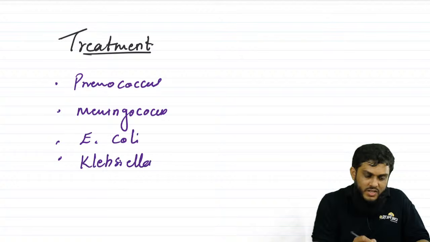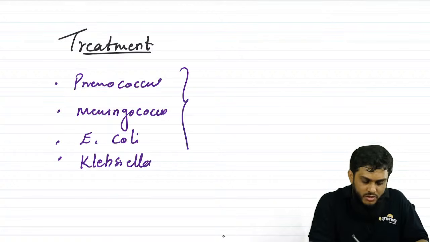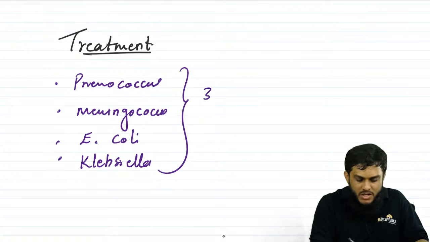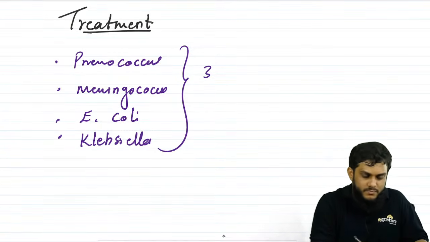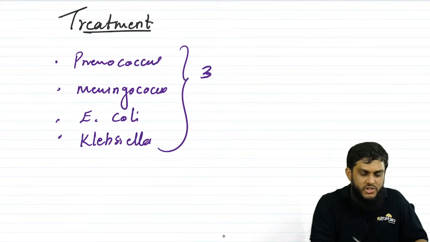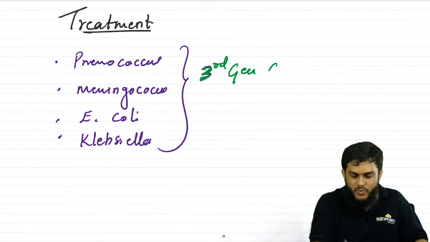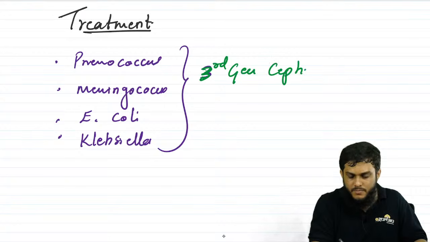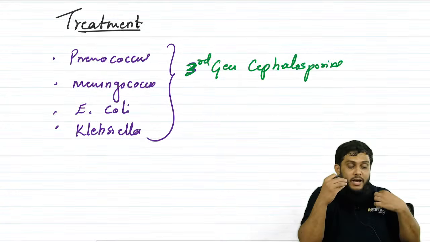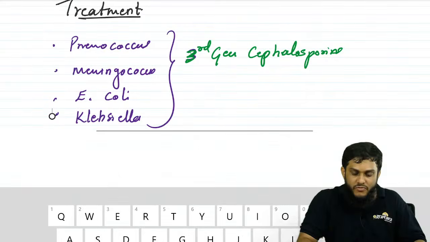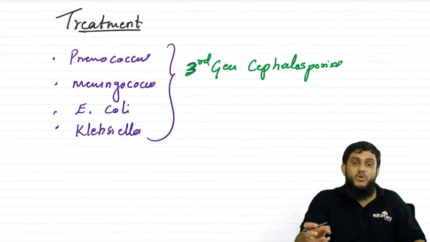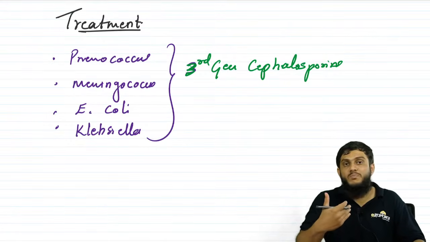So these are the four bacteria in which third generation cephalosporins are preferred to treat the disease. I'm not going in depth into the treatment, but what is preferred? Third generation cephalosporins are preferred to treat pneumococcus, meningococcus, E. coli and Klebsiella.